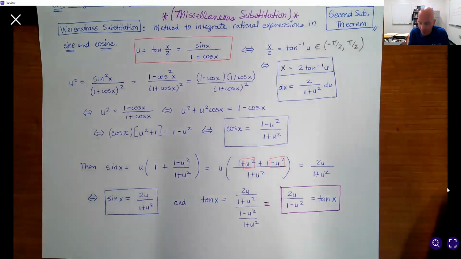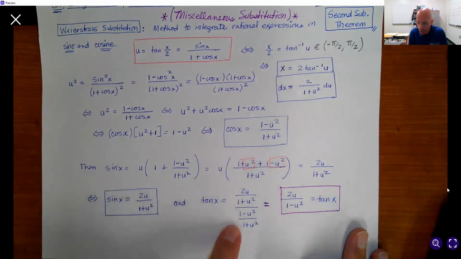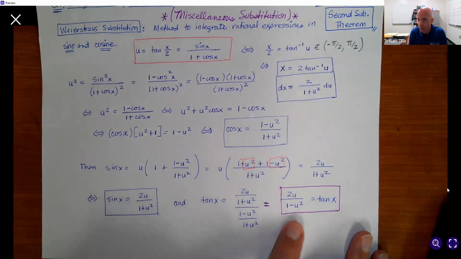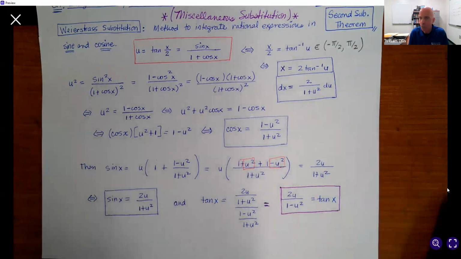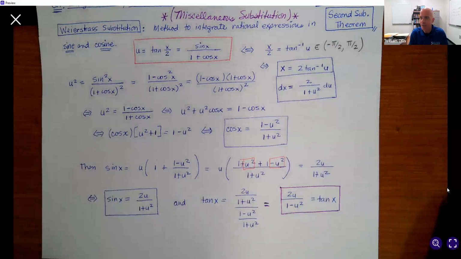Now, of course, if you were thinking about it, you could go ahead and solve for other trig functions if you ever needed them. So tangent would just be the ratio of sine to cosine, and that would give you 2u divided by 1 minus u squared. This is usually not what you need to do, but once you have the sine and the cosine, that opens the door to the remaining functions if that is required by the problem.